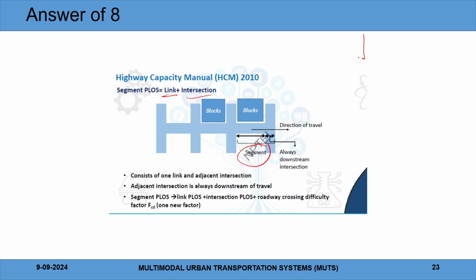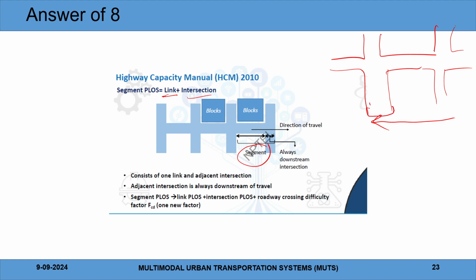If the intersection is like this, if vehicles are moving this way, this one is the downstream and this one is the upstream.